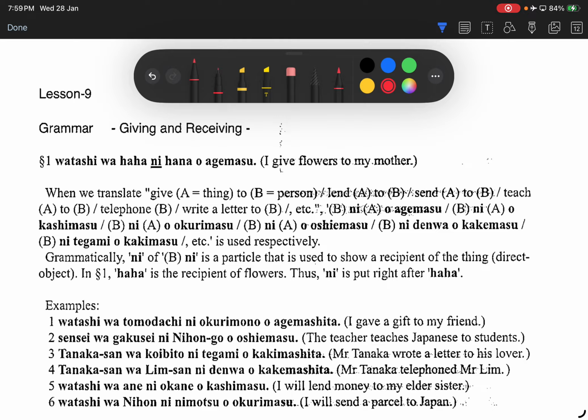So give flower to whom? Then we know already. 母に means give to. That means me to mother, flower, I give. So this is how we phrase it, I give flower to mother. So the particle ni over here is simply the recipient particle, that means who is the one receiving.